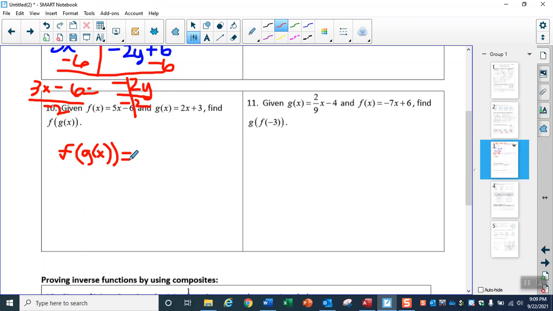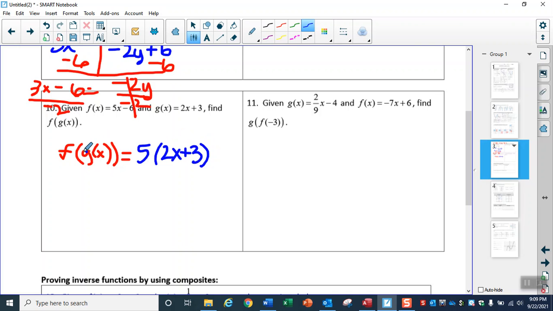So I start writing my f function, which is 5. But when I get to the x, I'm going to put in g. So I'm going to put in the 2x plus 3.